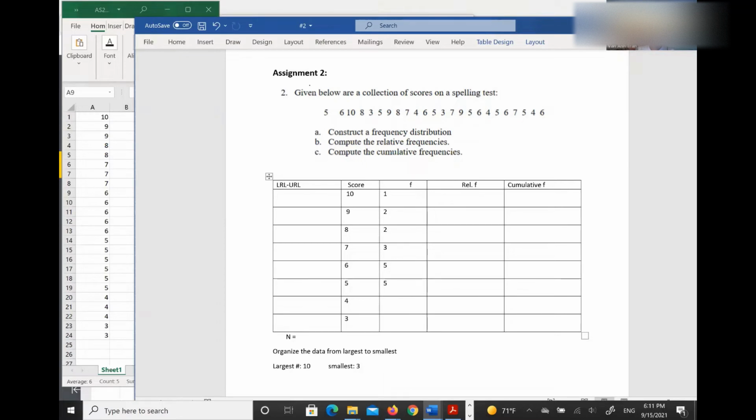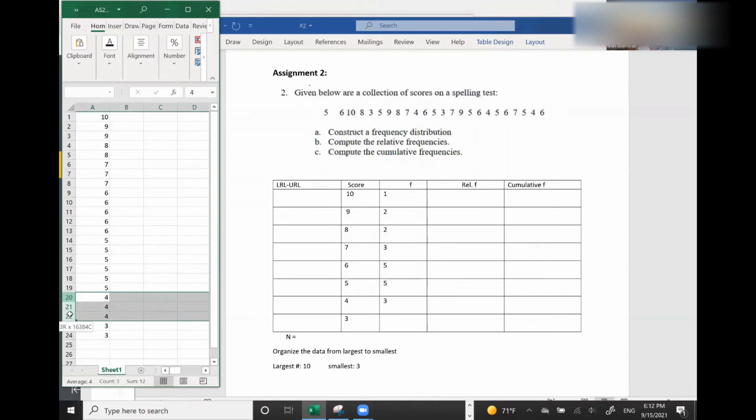How about 4, everyone? What is the frequency of 4? How many times does 4 appear? Good, it's 3, right? You can see that for number 4, there are 3 of them. All right, how about the last one, everyone?